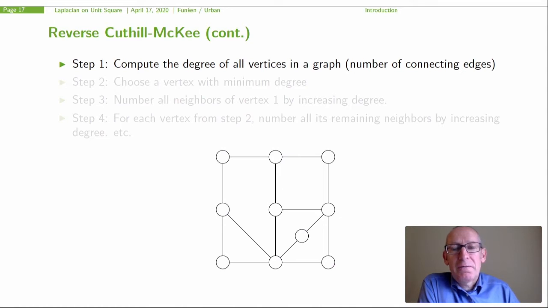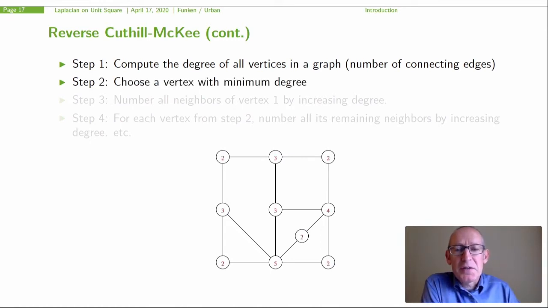First, we compute all the degrees of our vertices, so the number of edges belonging to one node or vertex, and then we start with the node with minimal degree.